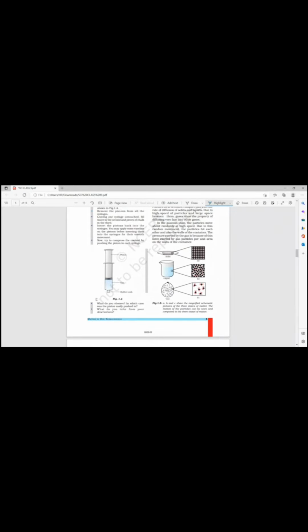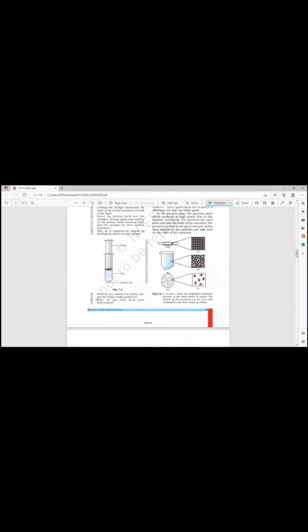And in the gases, the intermolecular space between the two molecules of the gas is very much, and the force of attraction between the two molecules of the gas is very low. So the density of the solid is very high, liquid comparatively low, and the gases have very less density.